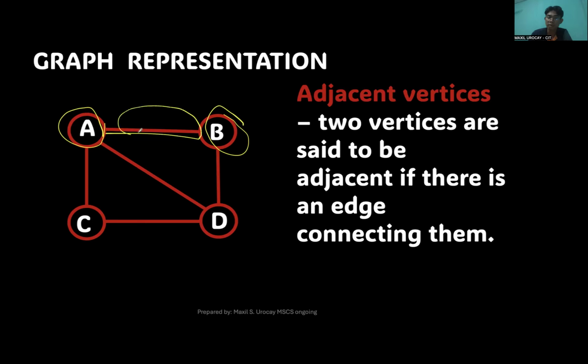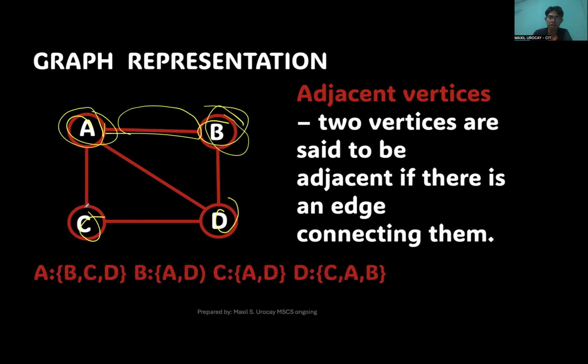A and B, there is a path or a connecting link, so that means A and B are said to be adjacent vertices. In your A, the adjacent vertices will be B, D, and C. That's how you identify the adjacency of a particular vertex.